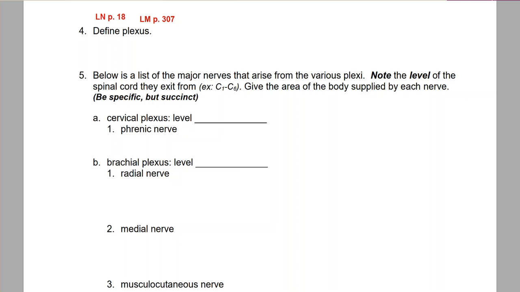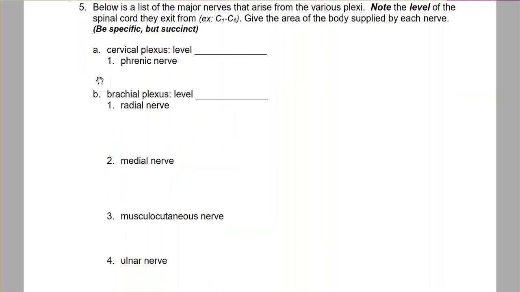And so don't overlook your lecture notes. Any place where I have written an LN, lecture notes, check those. And so this was the peripheral and central nervous system lecture notes. You can find some information about plexuses there. And so you have a cervical, a brachial, and then there are some branches of the brachial plexus listed here.